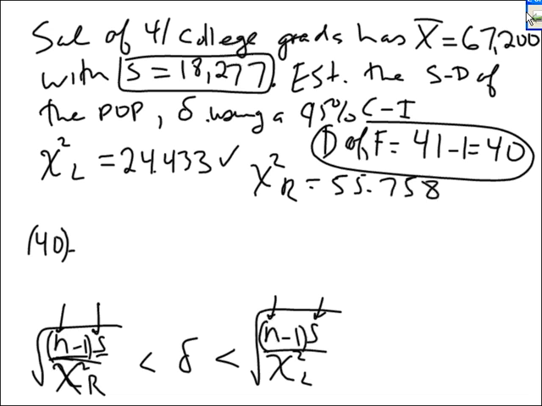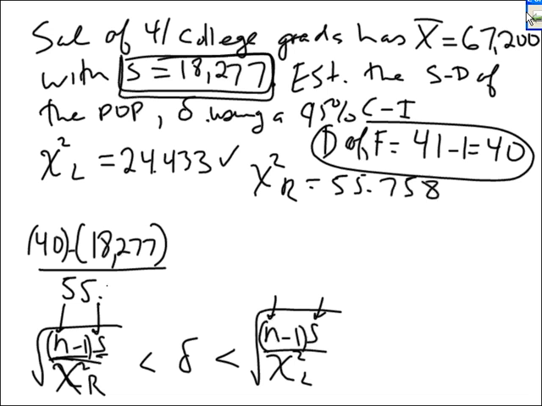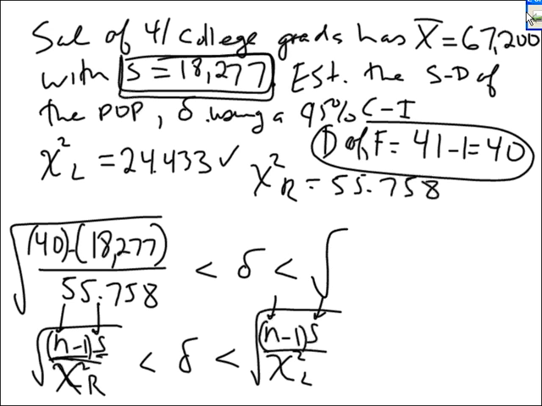N minus 1 times S, where S is given to be 18,277, gets divided by chi-squared R, which is 55.758. You take the square root of that, and that's going to be less than sigma, which is less than, and we do the right-hand side.